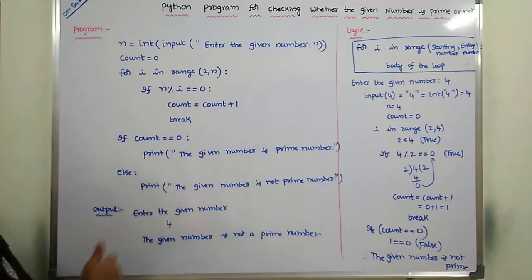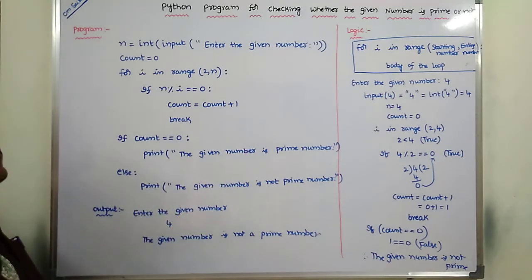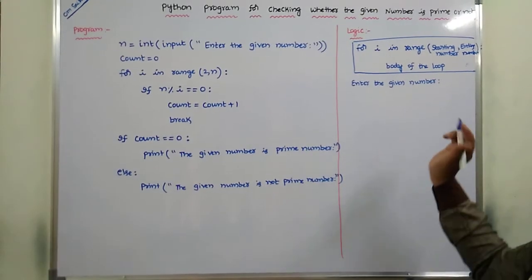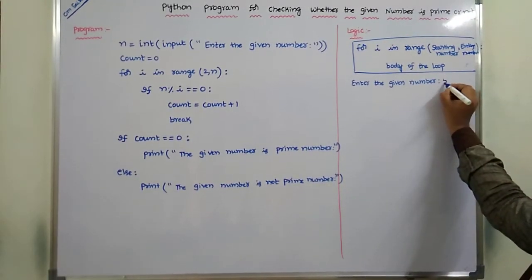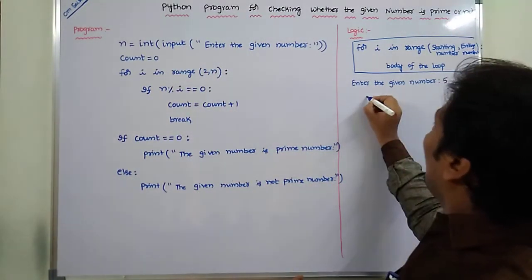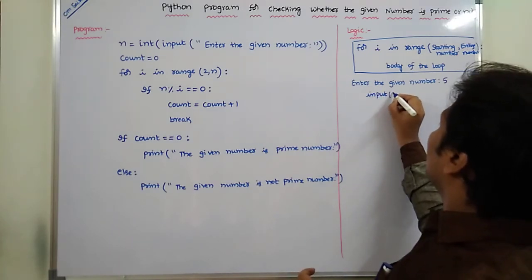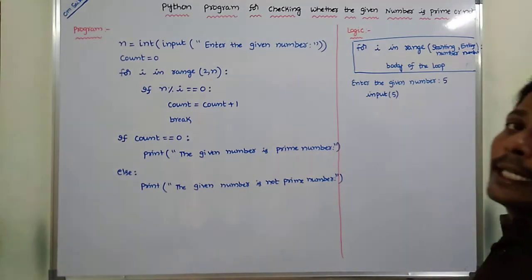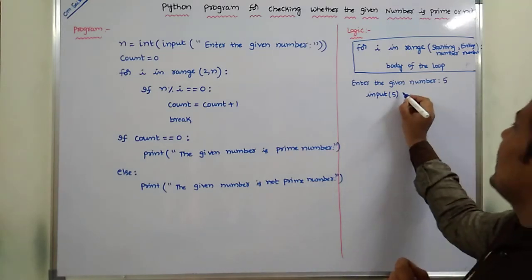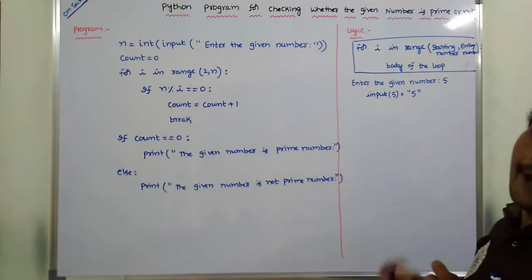Now I am checking another output. Next time I am giving a prime number. Enter the given number, that is 5. This 5 is taken as input. The input function reads the input given by the user or programmer. The input function returns the string value of 5.